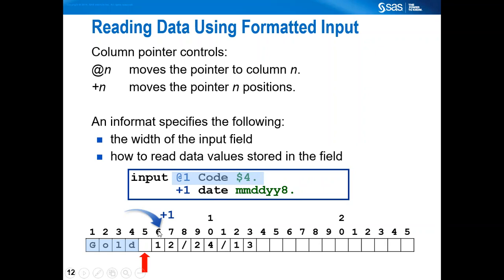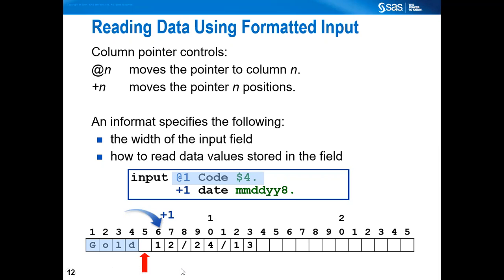It may skip your space, but it reads the position next to it, which is your date, starting from the 6th position. All right, now understood. These are two column pointers. It is @, which goes directly to a column, or plus the number, which moves from the end position to that position.